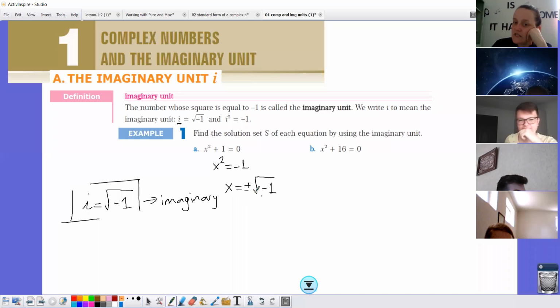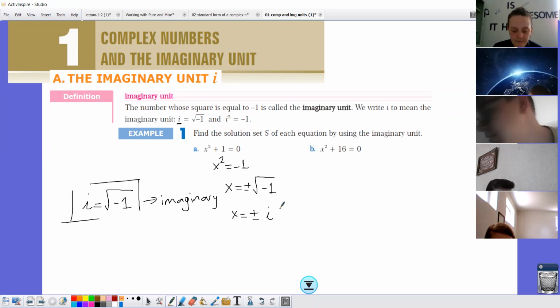So this part is plus or minus root of -1, and what we said that -1 root is i. So the solutions for this one will be plus or minus i. Now, when we see root of -1, instead of that, we'll write i, okay?